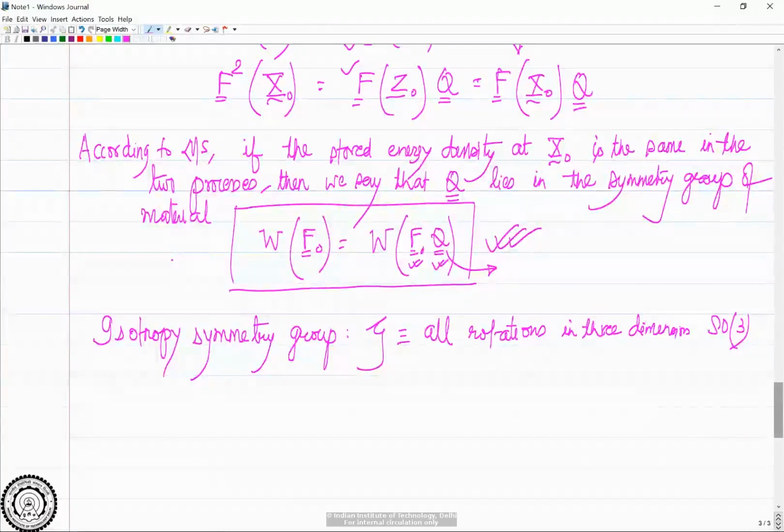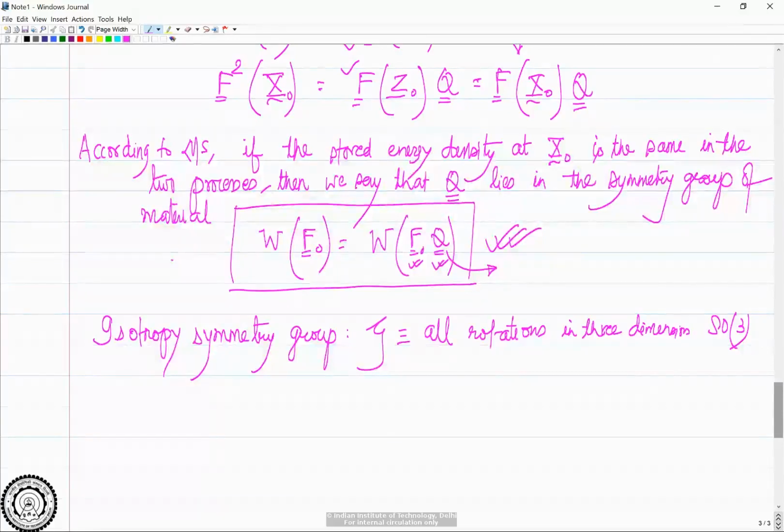If we take another x naught and do the rotation, and there we get that Q belongs to the symmetry group, but we are not getting all rotations in three dimensions, where the isotropic symmetry group is all rotations, will that mean that at that point in the same body, it is anisotropic?